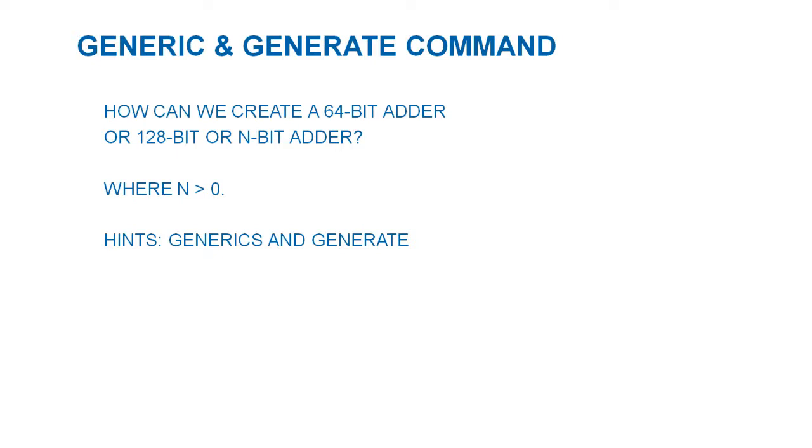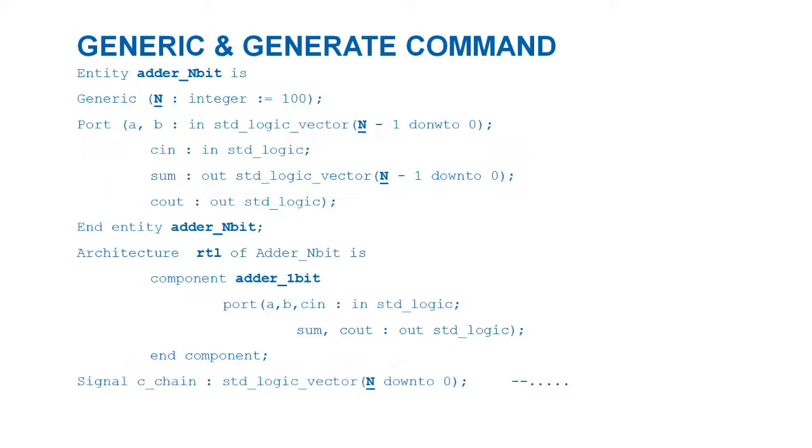Or simply put, how can we create an n-bit adder, where n, of course, is greater than 0? So maybe a 1-bit adder or a 1000-bit adder or a 200-bit adder or a 256-bit adder. Here is the hint that says that we should take advantage of the VHDL constructs, generics and generate. And here is an example of how we can do this.